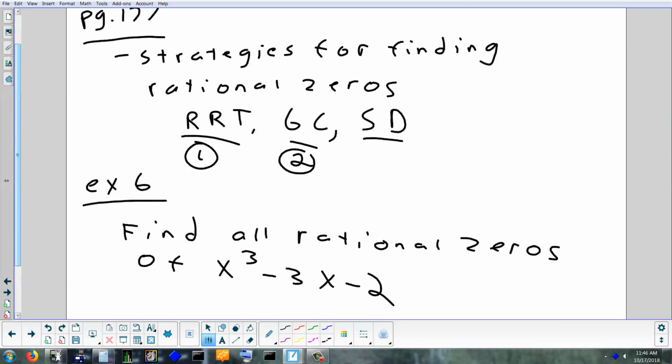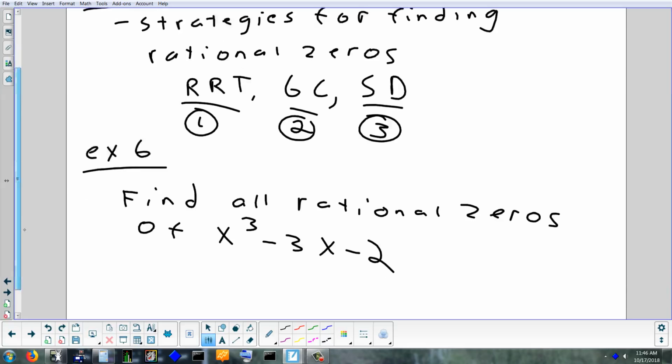And the third thing is, once you find one that does work, use synthetic division, divide through by it, and then you're good. Because once I can turn this cubic into a quadratic, then I can solve it. I have a quadratic formula.